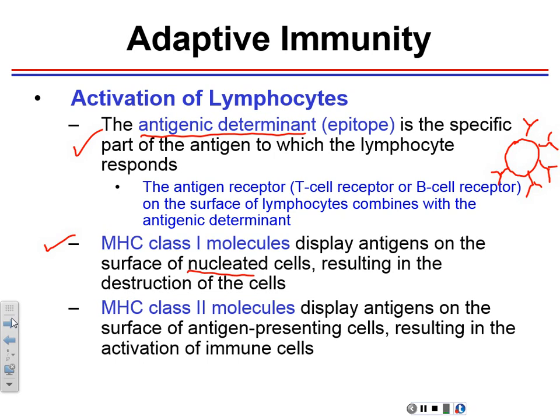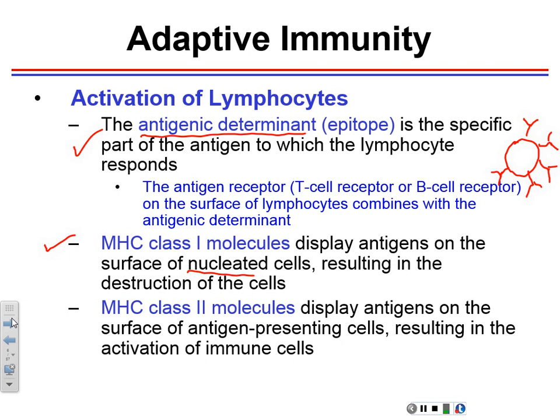Any infected cell will process that antigen, and it will go into the rough endoplasmic reticulum and then the Golgi body, where it is packaged in a vesicle and combined with MHC1. So that is an internal antigen, from when a cell is actually infected, and it will exhibit that antigen using MHC1.